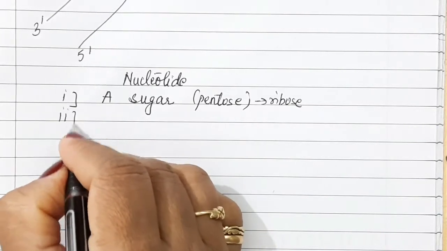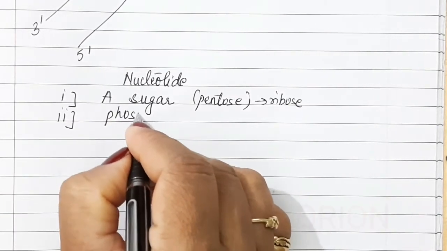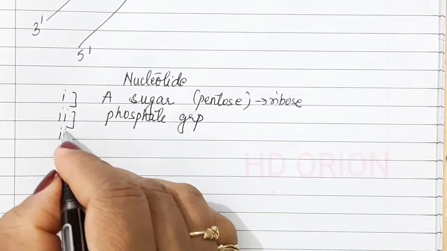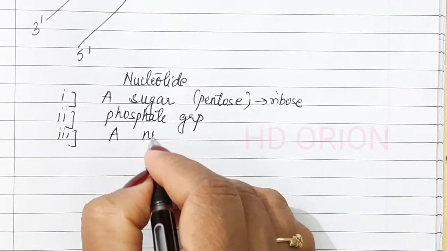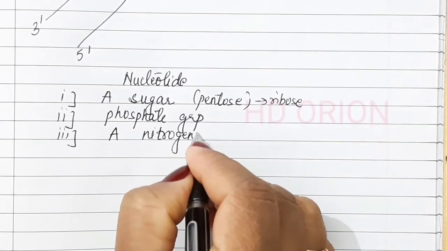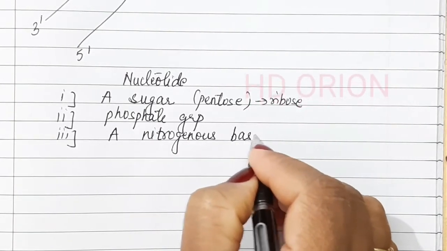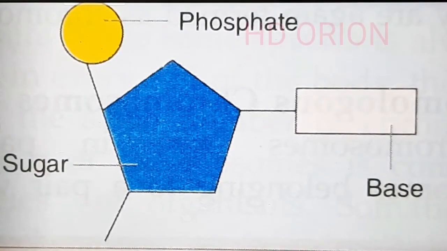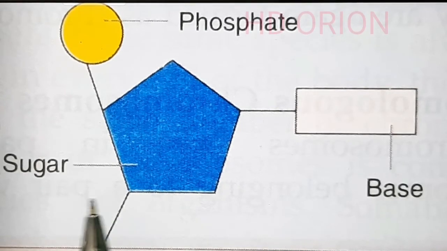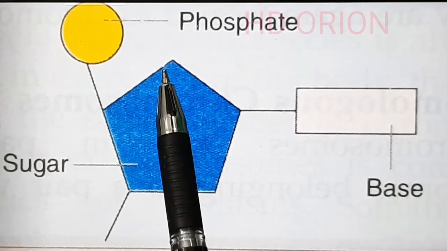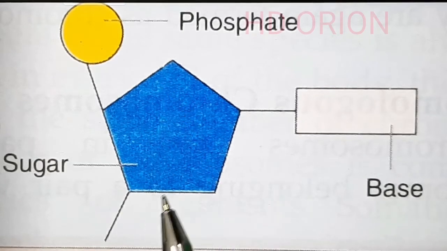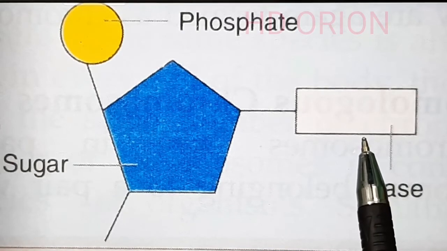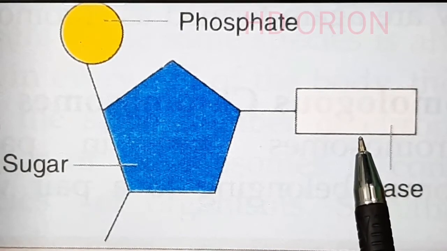Then there is a phosphate group and a nitrogenous base. This is the basic structure of a nucleotide. You can see this is a phosphate molecule and this is the pentose sugar, to which is attached a base. Now what is a base? A nitrogenous base. That means it contains nitrogen.